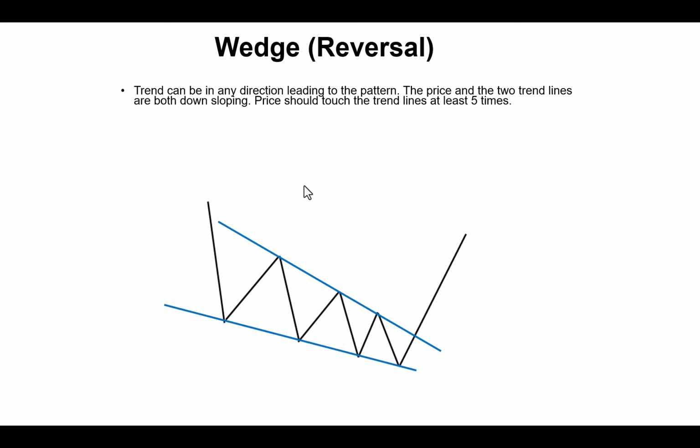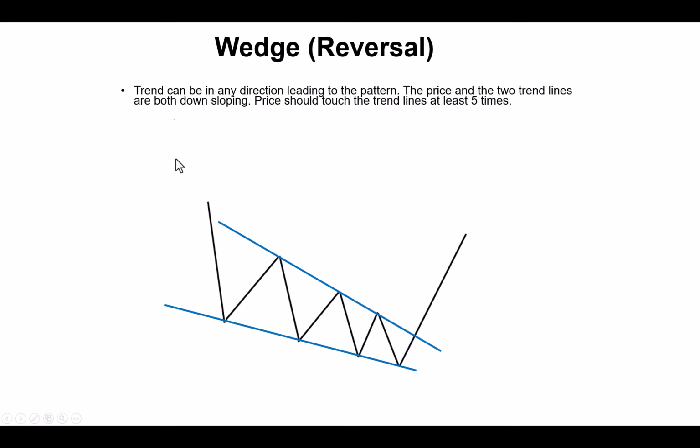They are both sloping in the same direction, but not to the same degree. And price should touch the trend lines at least 5 times, one of them twice and the other one 3 times. Never just 1 or 2, it has to be 2 and 3.